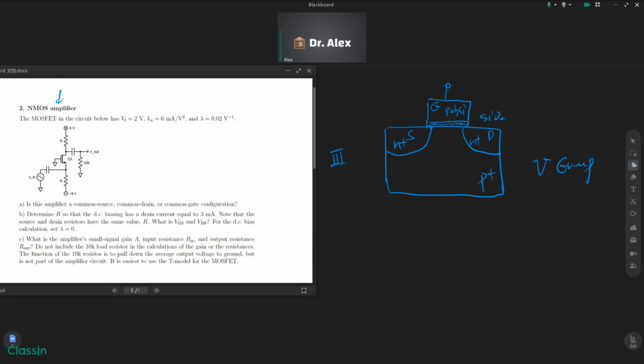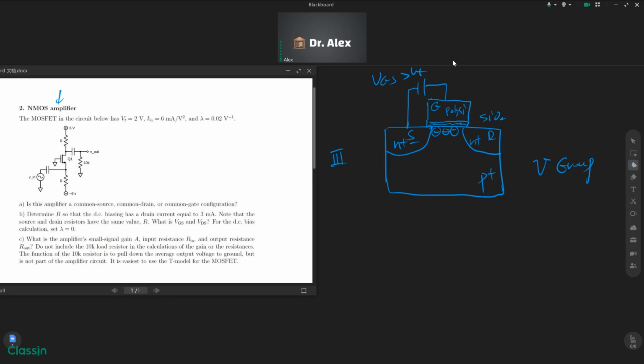So if we apply a positive voltage between the gate and the source, the VGS, there will be a channel formed by electrons just under the silicon dioxide. If the VGS is large enough, greater than the threshold voltage, the electron channel under the silicon dioxide is long enough to connect the source and the drain.